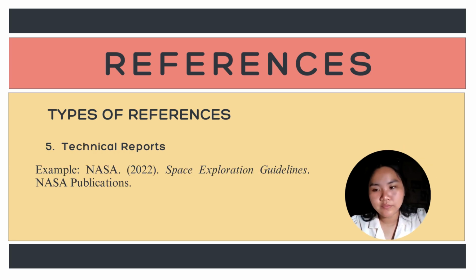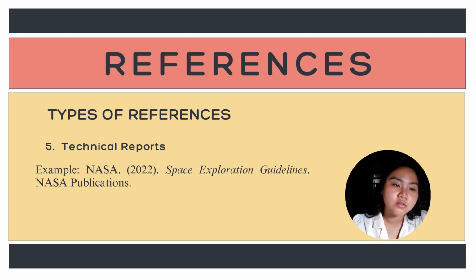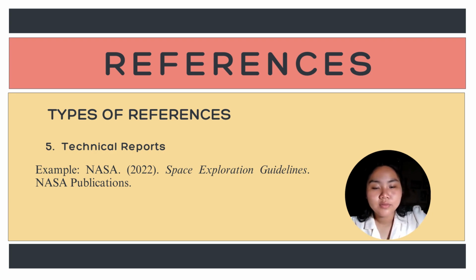So let's proceed to the fifth one, which is the technical report. It is published by organizations or industries. Technical reports provide data and findings related to specific studies or projects. We have here an example.